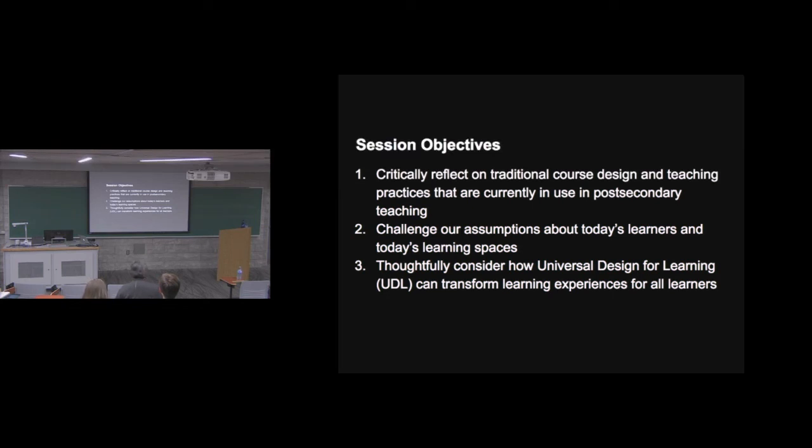We're going to challenge our assumptions about today's learners and today's learning spaces, whether that's classrooms or field schools or laboratories. And then we want to thoughtfully consider how universal design for learning can transform learning experiences for all learners. And I want to highlight, and that'll become clear as we move along, that this is really meant for all learners and not just certain parts of the student demographic.